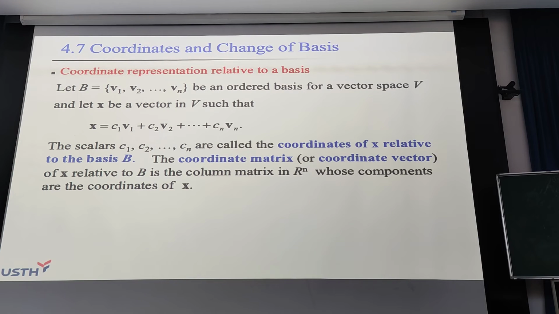If you are given a coordinate plane like that, that is R2. And in R2, you consider the standard basis. The standard basis is here, and call it E1 and E2.